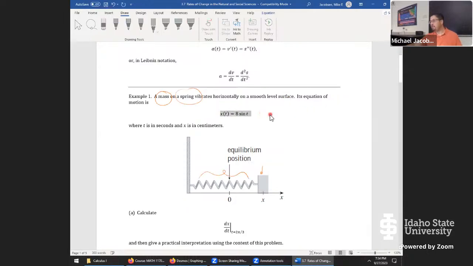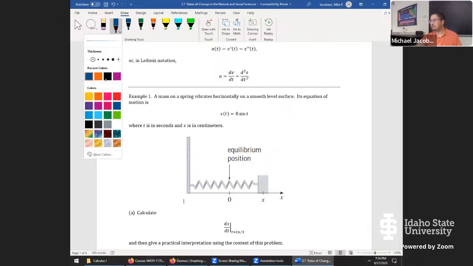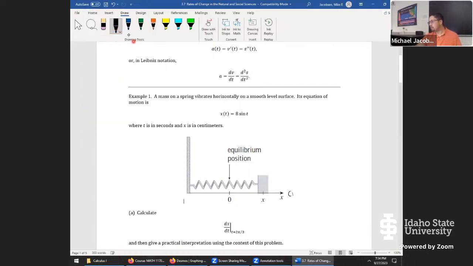And the motion really looks weird, right? It's a variable x, but it's a function of another variable, time. We'll see this quite a lot in the upcoming section on related rates in 3.9. And so essentially what this is saying is x is going to be the displacement in centimeters. As time changes, this x right here is just your position away from zero.